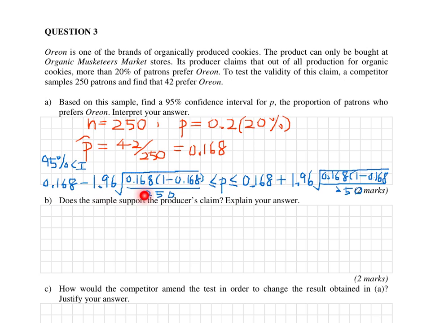So just perform this, utilize the formula, and in the end, the confidence interval is between 0.122 and 0.214. And if you want to interpret this confidence interval, we will say that we are 95% confident that the true proportion of customers who prefer Orion lies between 12.2% and 21.4%.